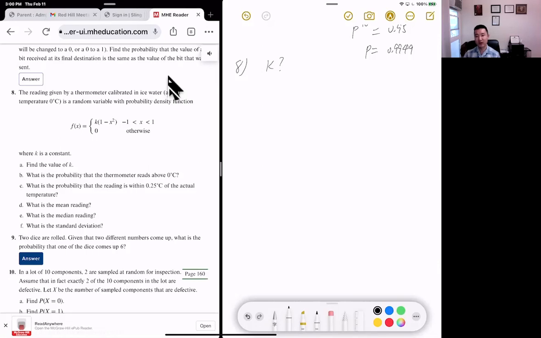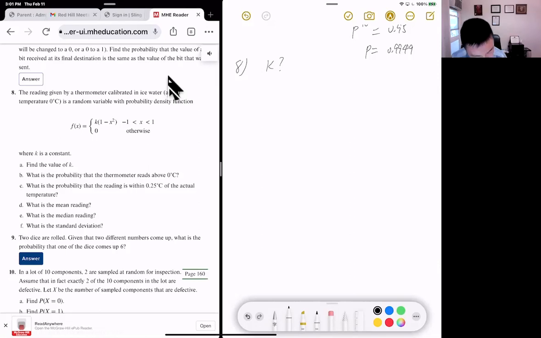We mentioned this during class at least 3 or more times. Remember, for the density function, if you integrate the curve over the whole range, the area will equal 1 or 100%. That makes sense because the whole probability equals 100%, no more, no less. Based on this nature, we can solve for k.